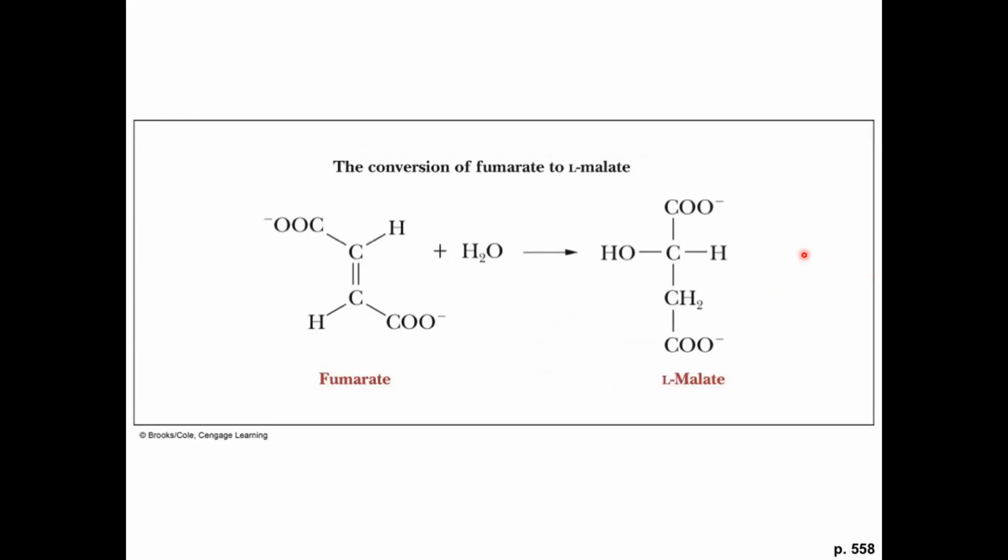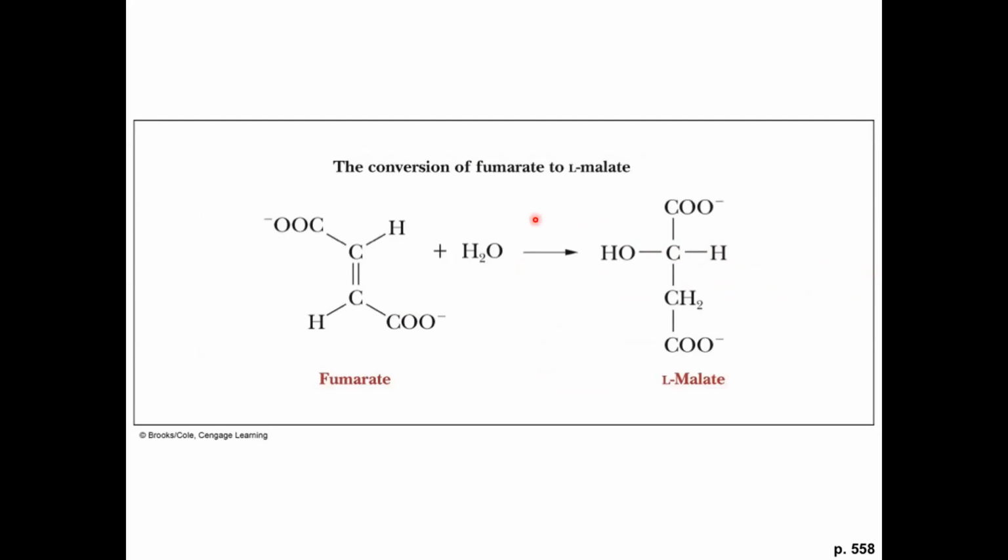So here we have fumarate and water. This is a 4-carbon molecule. Nothing really important is happening here. It's basically just rearranging this to this hydroxyl carbon hydrogen backbone. It's reorganizing this to this formation, and it's prepping us for our final reaction.